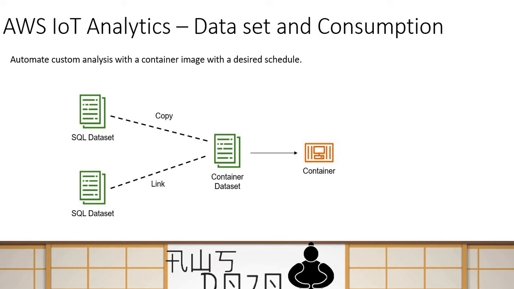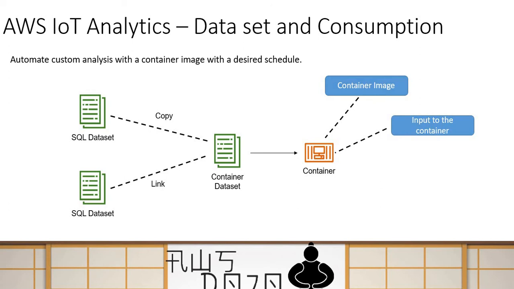And in order to configure that, you have to provide many things. So for instance, you have to provide the container image, which could be in your AWS ECR, or other image repository. You have to provide input for the container. So suppose you want to pass say bucket location or file name or some other kind of inputs to the container, you can provide here.